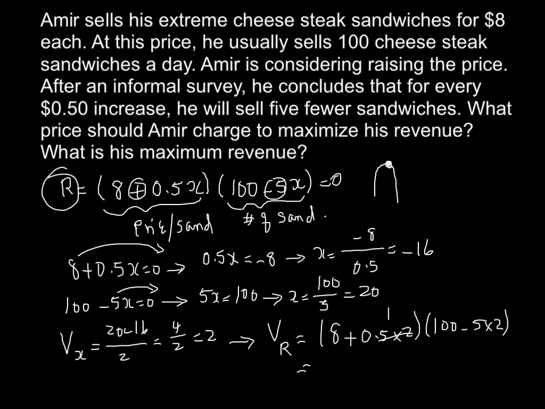So 8 plus 1 is 9. Now 5 times 2 is 10. 100 minus 10 is 90. Now 9 times 90 is going to give me 810.